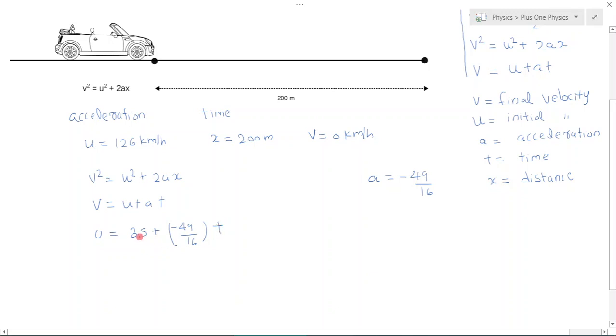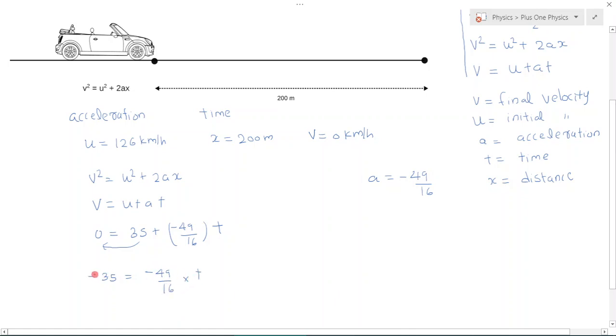So we can put here 35 because we can change across the equation symbol; when a quantity is positive here, then when it comes to the other side it will be negative, so that the equality is conserved. Okay, minus 49 divided by 16 into t.